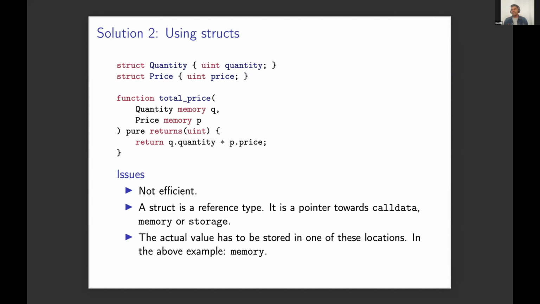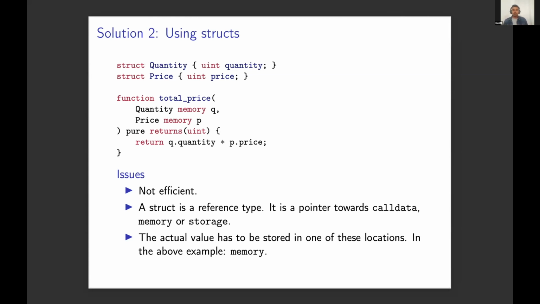What this means is that it is a pointer towards a value in calldata, memory, or storage. So in this example, it is in memory. You can see it clearly because you have to explicitly specify it. You can see quantity memory q and price memory p. So remember that I mentioned this is not as efficient.